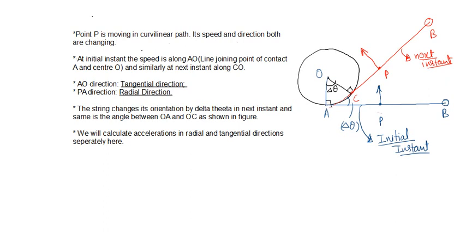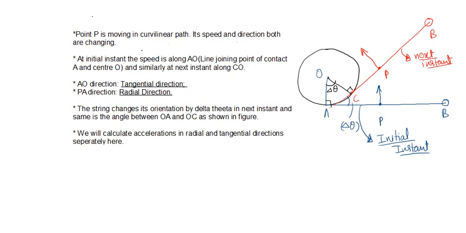So the radial direction or normal direction is perpendicular to the tangential direction. So PA will represent the radial direction at the initial instant. Similarly, at any later instant, this OC, the string has moved by an angle delta theta. So the orientation of the string has changed by delta theta, and the angle between AO and OC will also be equal to delta theta.